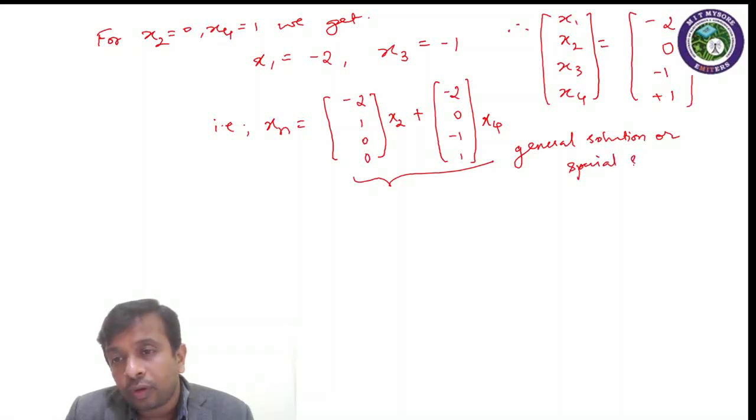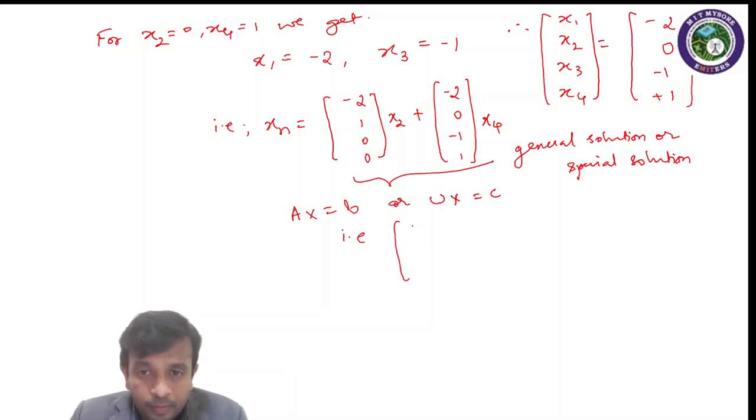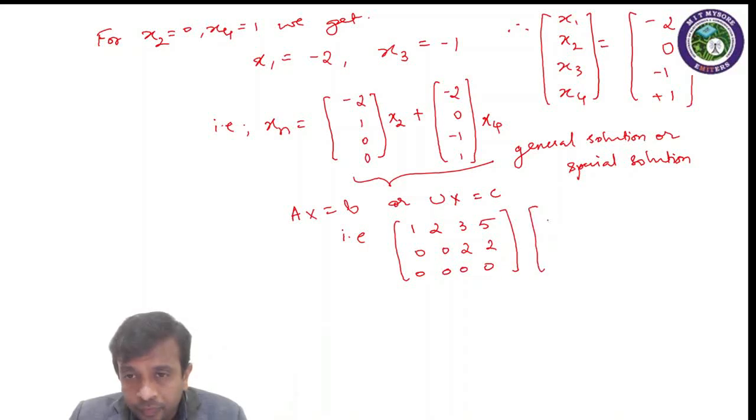Special solution of given A for the system 1, 2, 3, 5, 0, 0, 2, 2, 0, 0, 0, 0 times x1, x2, x3, x4.